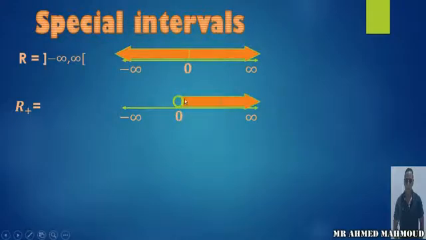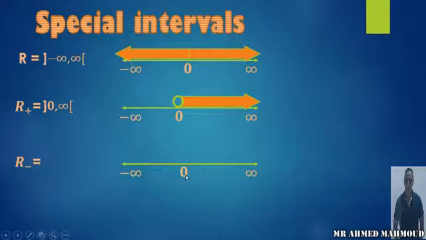So we represent 0 by an open circle and the direction to infinity like this. It is represented as 0 opened and infinity opened. Finally we have R negative, which represents the negative numbers which are in this direction like this.